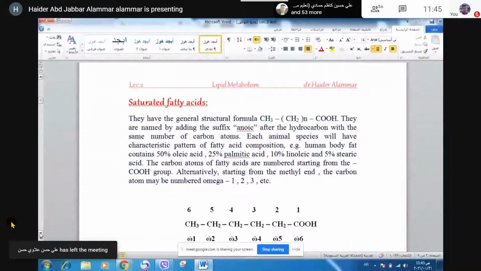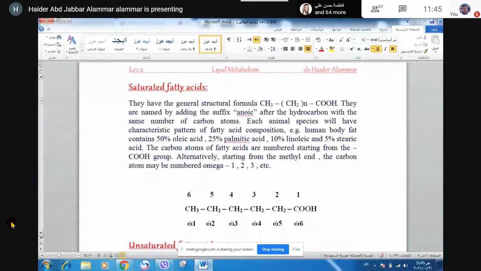Now a short note about each type. Regarding the saturated fatty acids, they have the general structural formula.